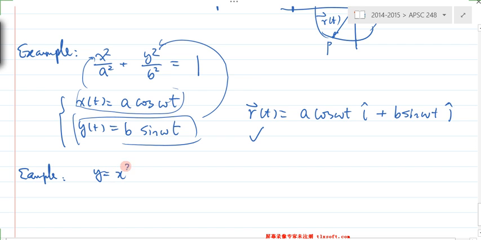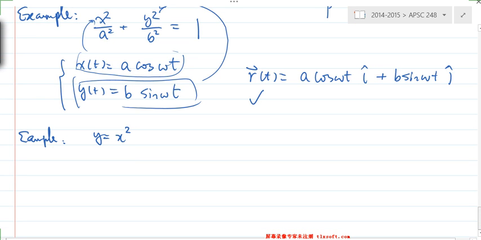y equal to x squared, okay, x squared here. How can we parameterize this simple equation, y equal to x squared? It's a parabola, or basically it's this curve, right? How do we parameterize this guy here? What would be a solution, a parametric equation for this one?